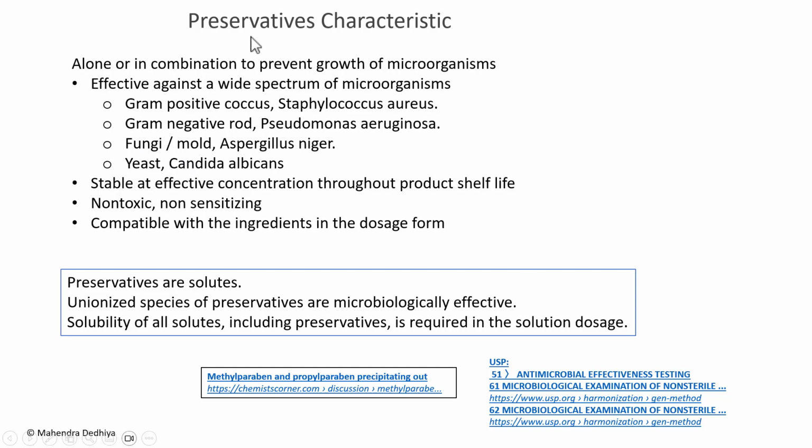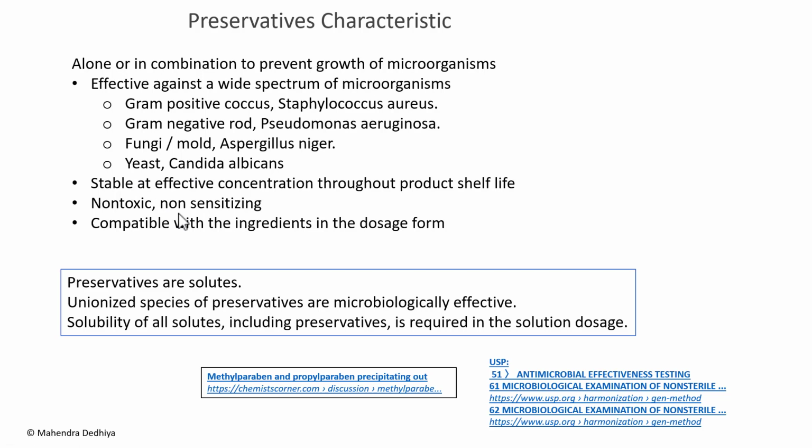In addition to that, preservatives used should be stable at effective concentration throughout the product shelf life. For example, methyl and propylparabens are effective at pHs 3 to 7. They need to be non-toxic and non-sensitizing.